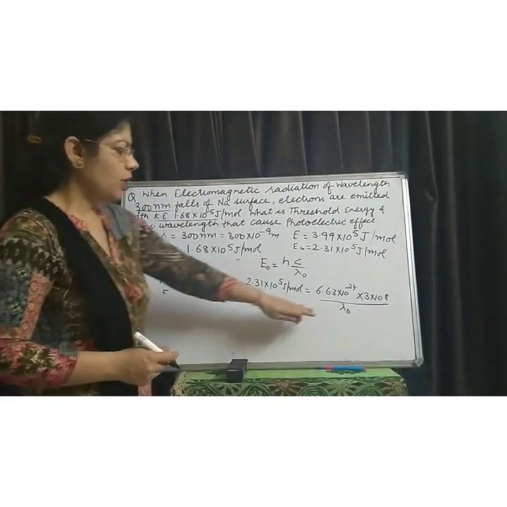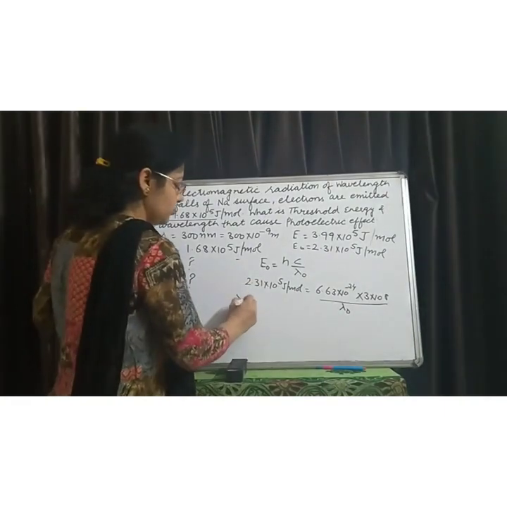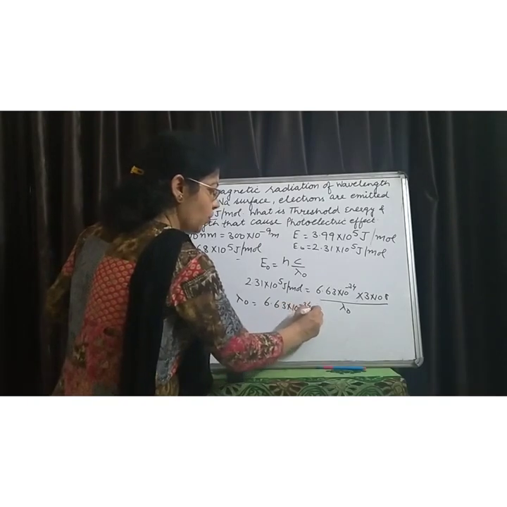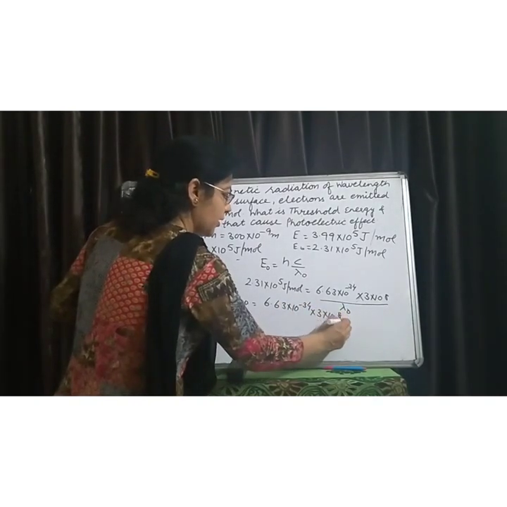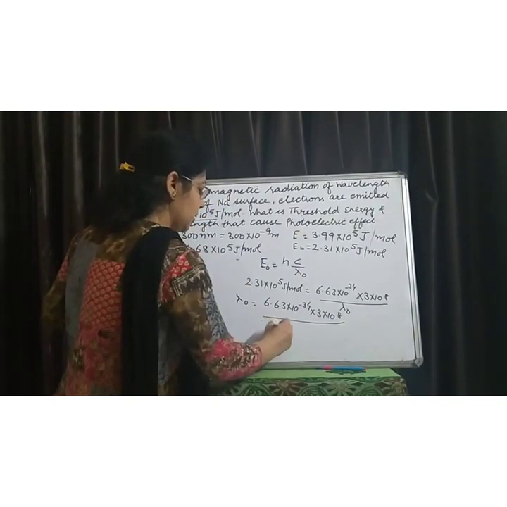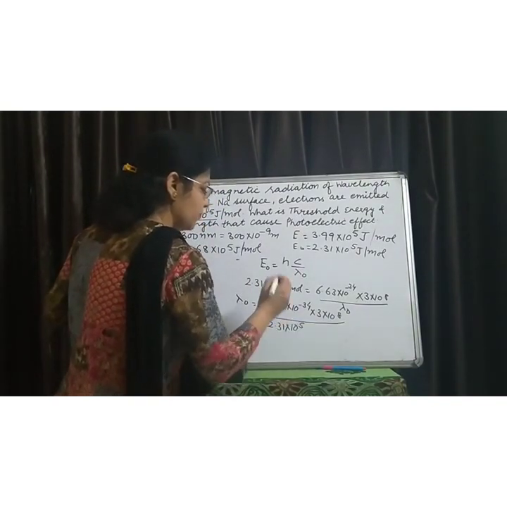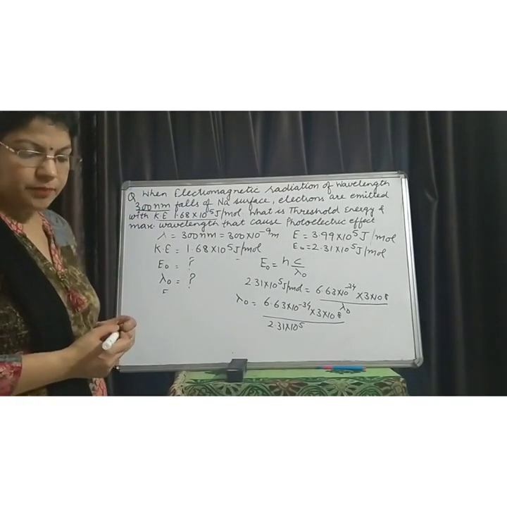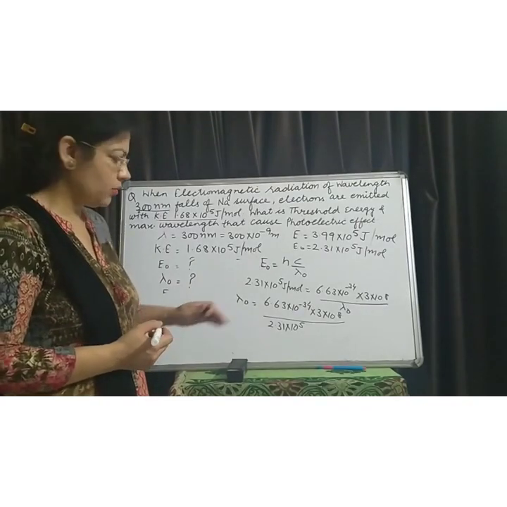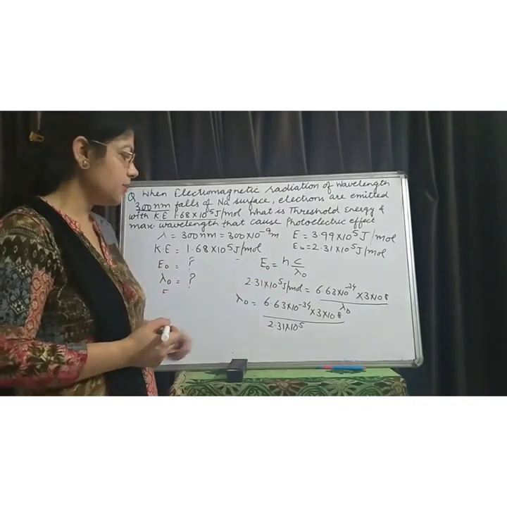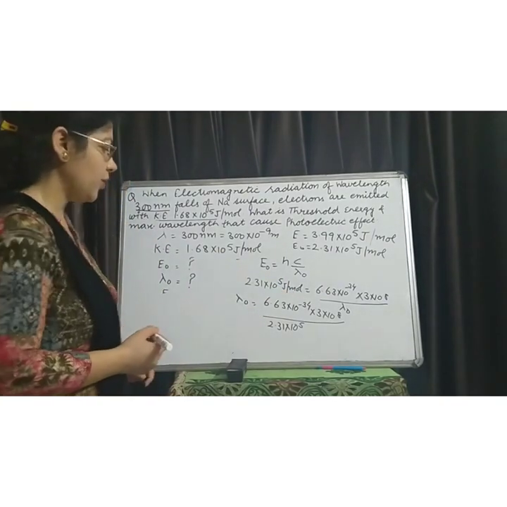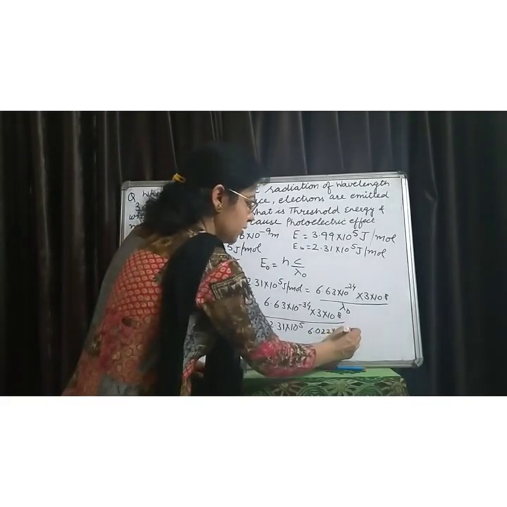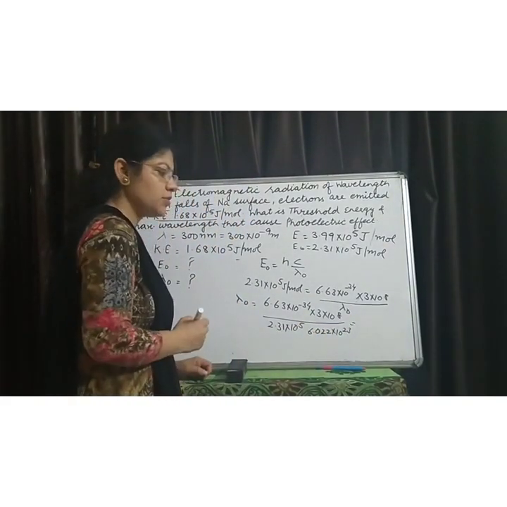Now, lambda naught is equal to 6.63 into 10 raised to power minus 34 into 3 into 10 raised to power 8 divided by 2.31 into 10 raised to power 5 joule per mole. In this, per mole we have to divide by the Avogadro number, that is 6.022 into 10 raised to power 23, so that this lambda comes in meter.